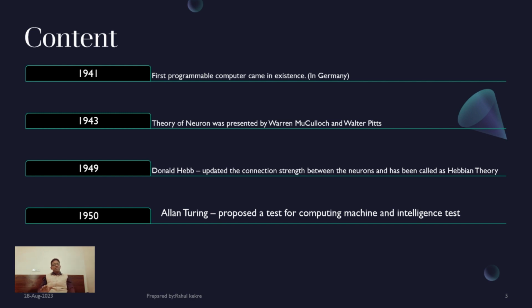That's great. Okay, the next year I would like to mention in terms of importance is 1949, when the scientist Donald Hebb updated the connection strength between neurons, which has been called the Hebbian theory. The biological neurons given to us by nature have strength, and based on the strength of those neurons, a human makes decisions, right?